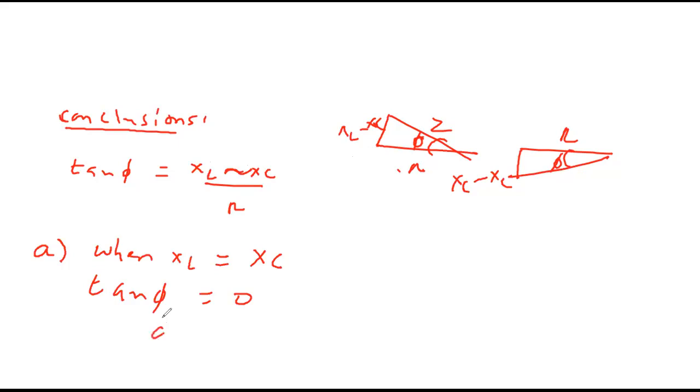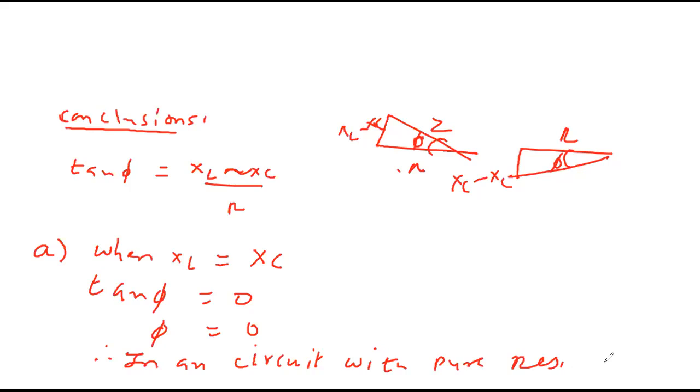So what will be phi? 0. So can I say in AC circuit, if XL, XC are same, then it behaves as a circuit with pure resistance.